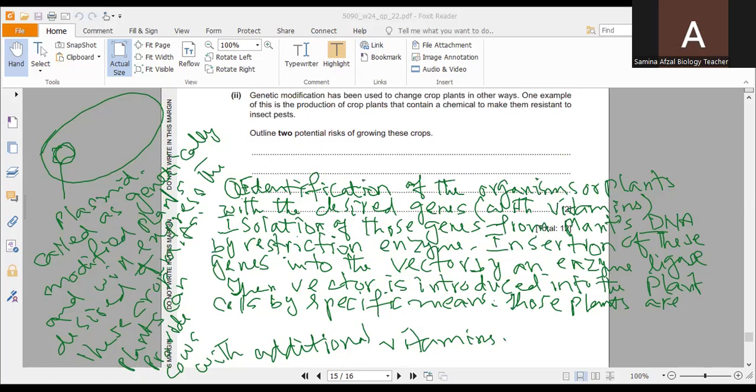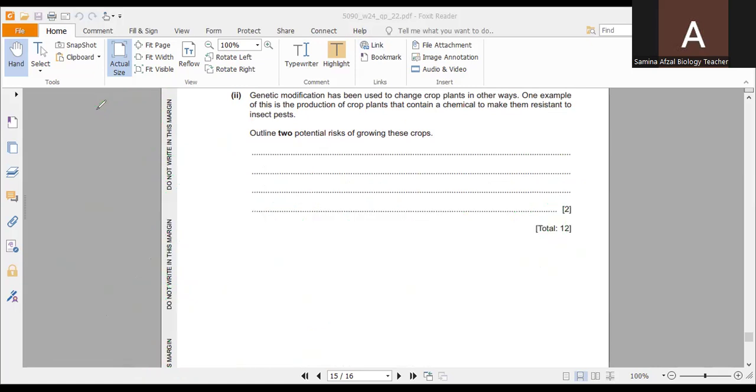Next part of the question. Genetic modification has been used to change crop plants in other ways. One example of this is the production of crop plants that contain a chemical to make them resistant to insect pests. Outline two potential risks of growing these crops.